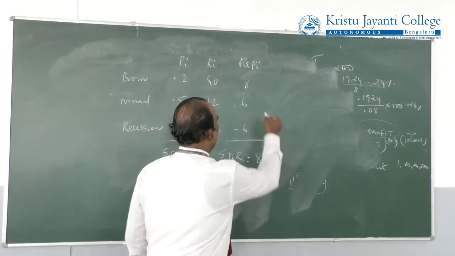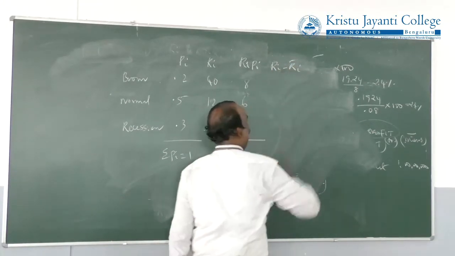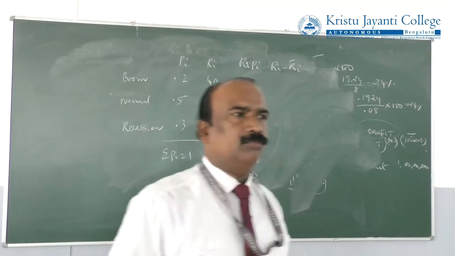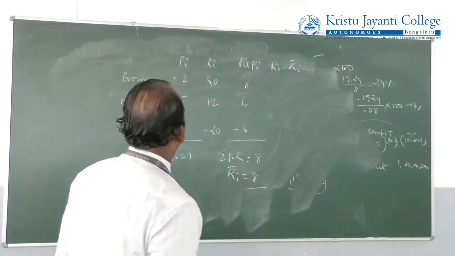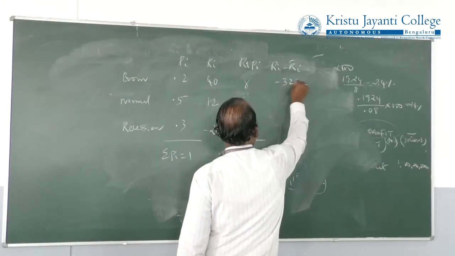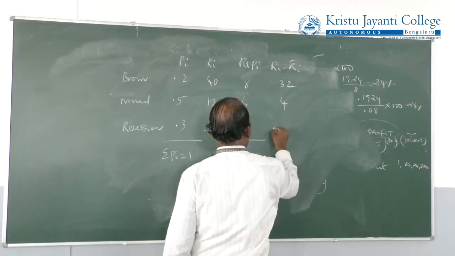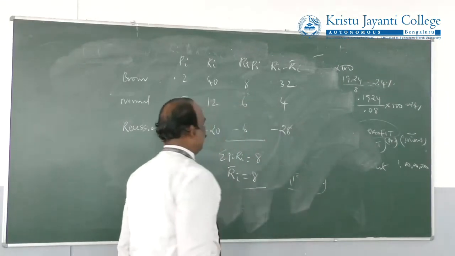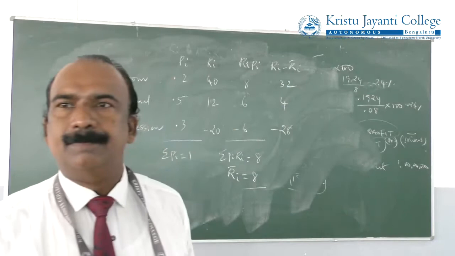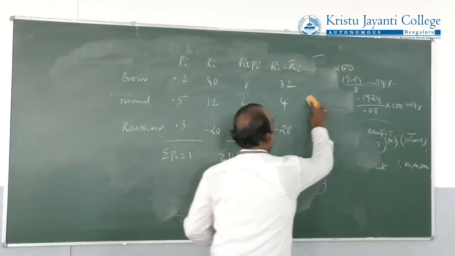Standard deviation: what is that? Ri minus R bar. How much? 40 minus 8 is 32. 12 minus 8 is 4. Minus 20 minus 8 is minus 28. Is it clear? Now what do you do?